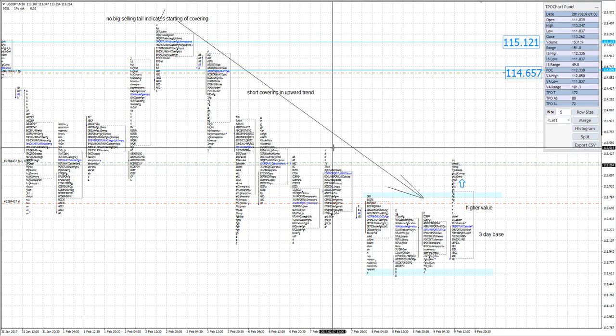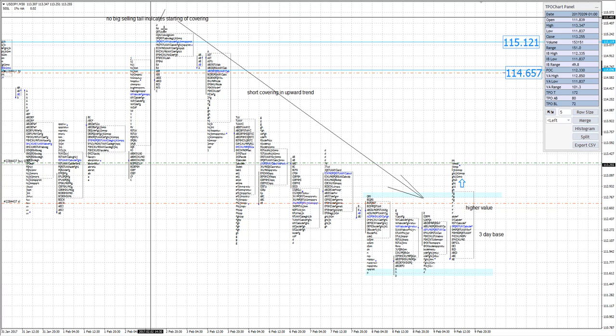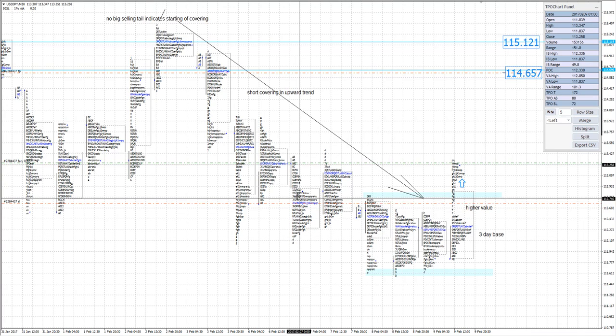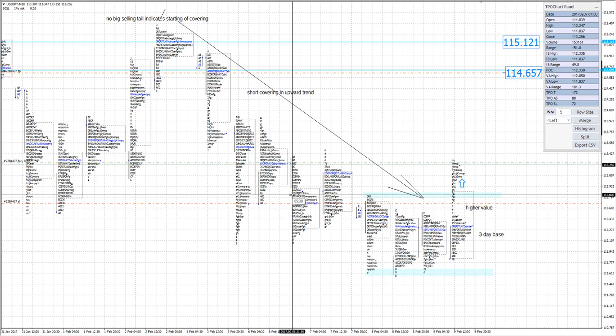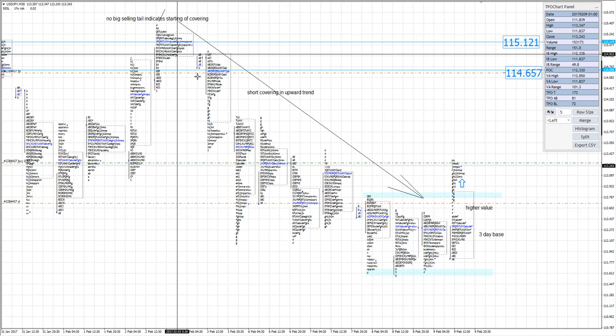So these are selling tails. I didn't find selling tails on the top side when this downward movement started. For me, that's one big clue, because no big selling tail means there is no big institutional money there.